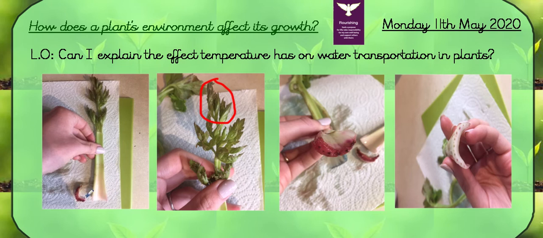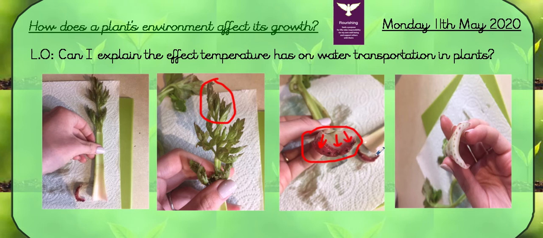So then I looked closely at the bottom of my celery plant here, and can you see we've got these little holes in the bottom of the plant, okay, and that is where the water is sucked up through.